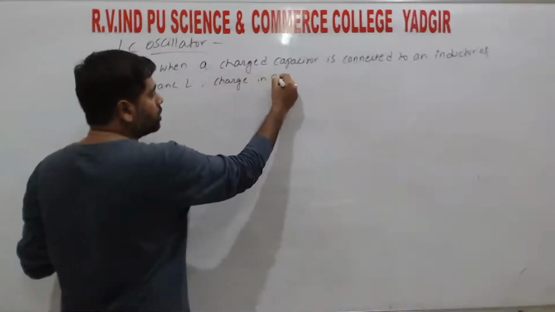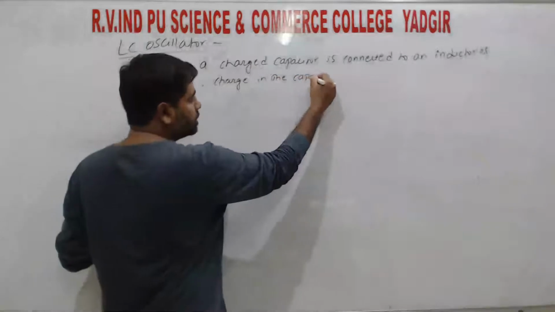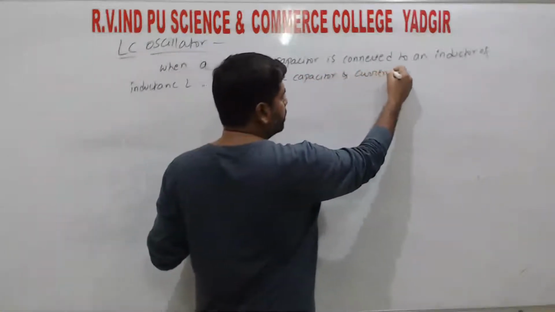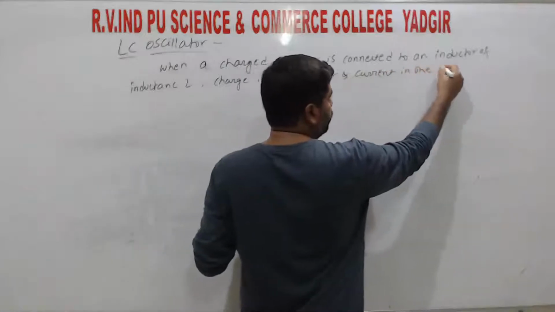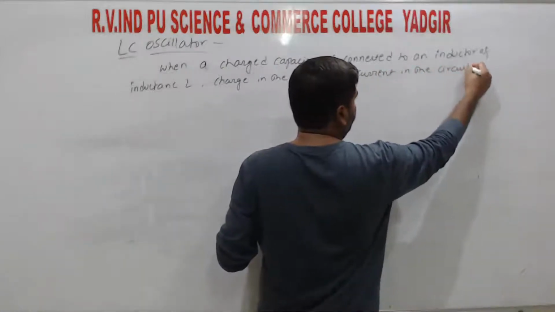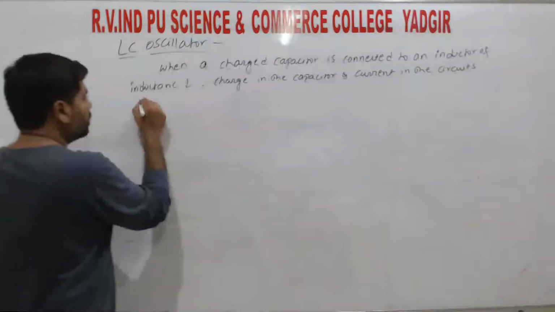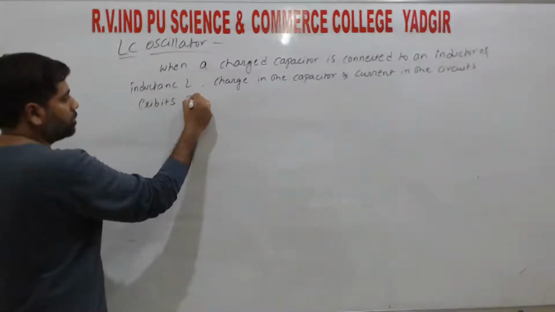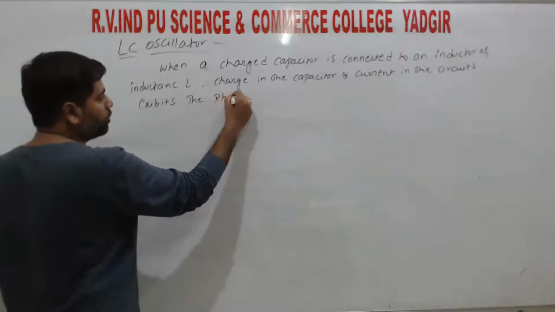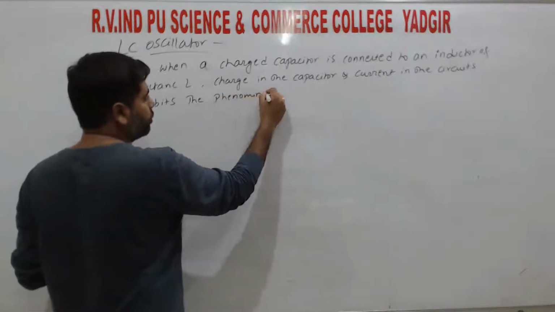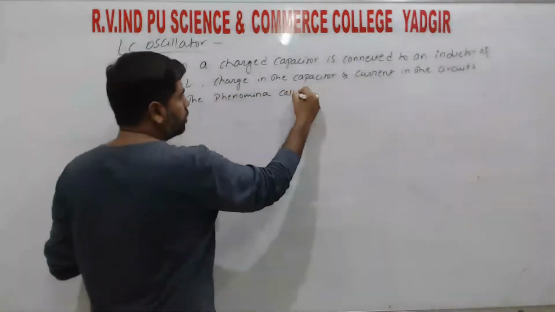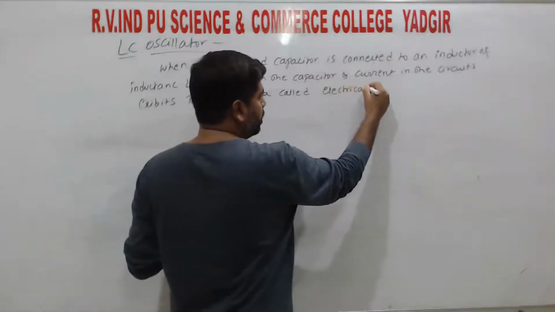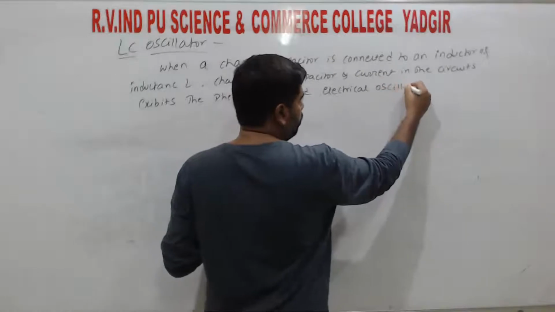The charge in the capacitor and the current in the circuit exhibit the phenomenon called electrical oscillations.